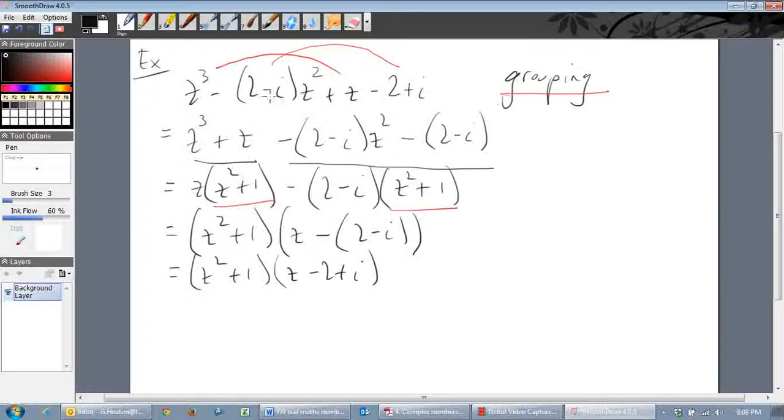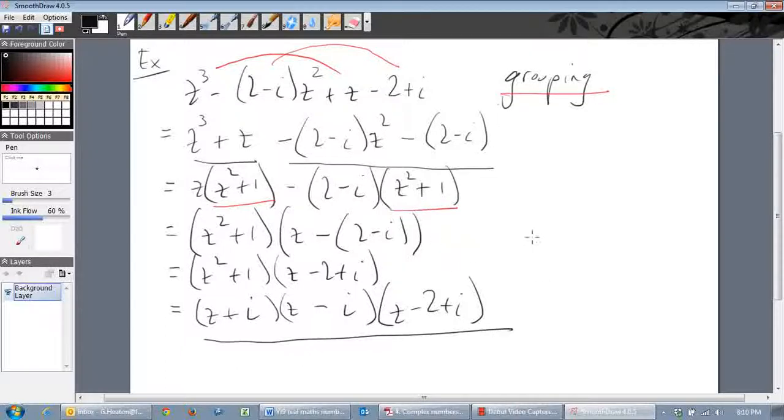Remember, we want 3 linear factors because we've got a cubic, so we can easily do that. I'm just going to do it straight if you don't mind. So the square root of z squared is z, and the square root of negative 1 will be I. So I've got z plus I and z minus I. So get used to that particular step. And there we go. There is our fully factorized cubic with imaginary coefficients in it.